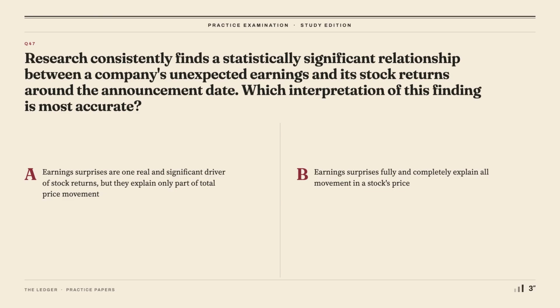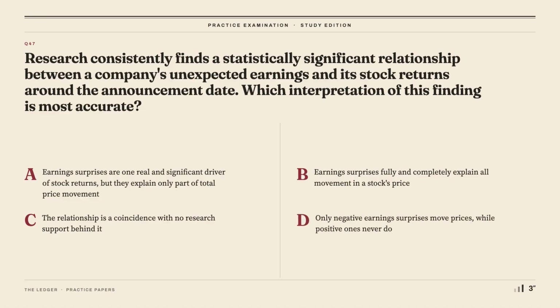B. Earnings surprises fully and completely explain all movement in a stock's price. C. The relationship is a coincidence with no research support behind it. D. Only negative earnings surprises move prices, while positive ones never do. Don't overthink it. Which one feels right?